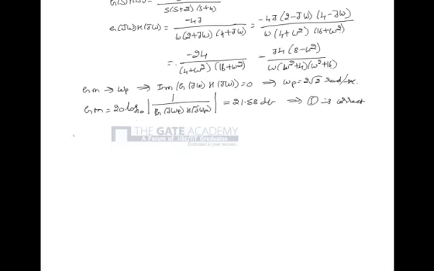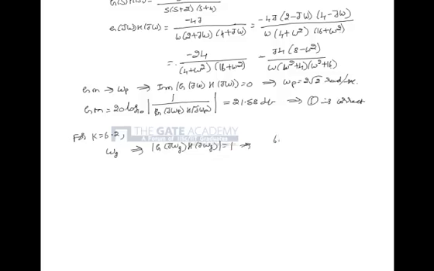Now for K equal to 6.2, for finding the gain crossover frequency, magnitude of G(j omega)H(j omega) is equal to 1.